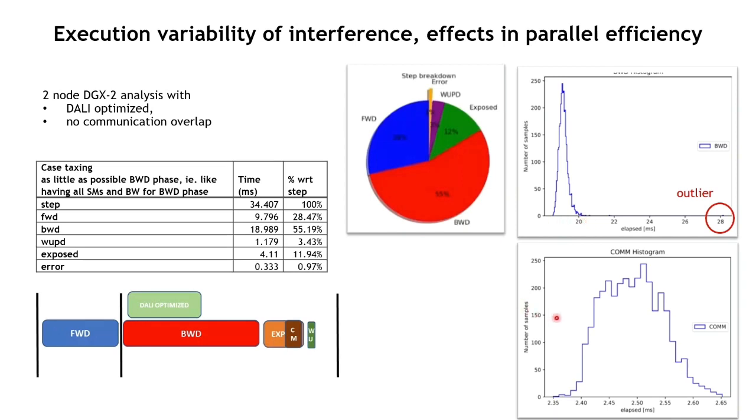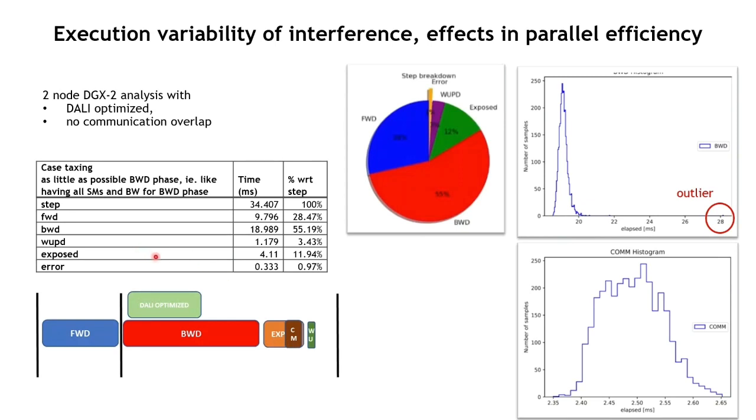On the bottom right histogram, and knowing that we have not overlapped the communication with the backward stage, we have a distribution of timings of the communication with a mode of around 2.5 milliseconds, which will happen within the exposed execution stage labeled in here as EXP, that we have measured as well and written down in the table.